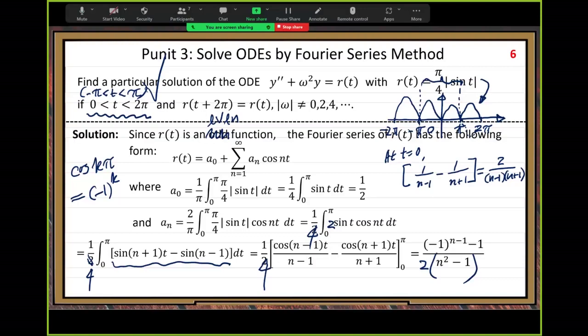Then we are ready to write the Fourier series expansion, and this 2 should be 1. The reason is, look at this number. N is even, it's 0.